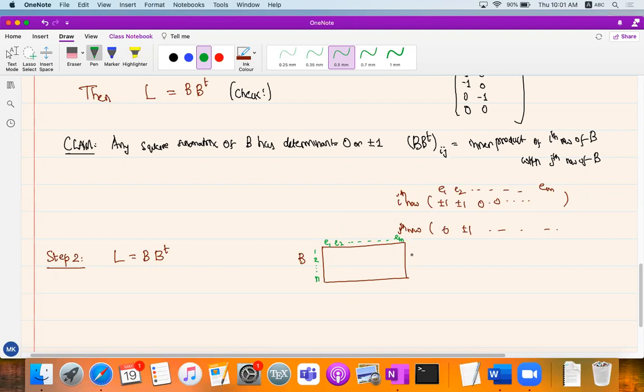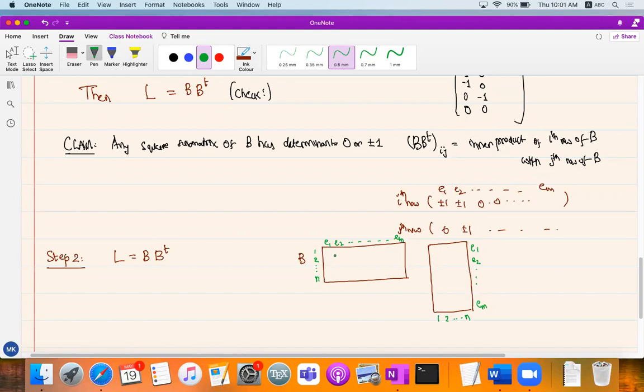B transpose will be the other way, so B transpose will look like this. Here the rows of B transpose correspond to the edges and the columns correspond to vertices. Okay, so that's how things are.